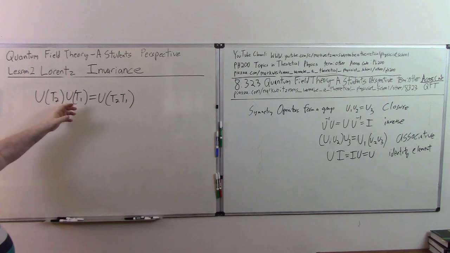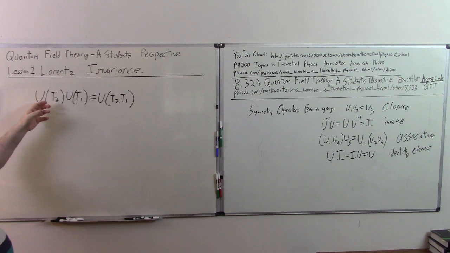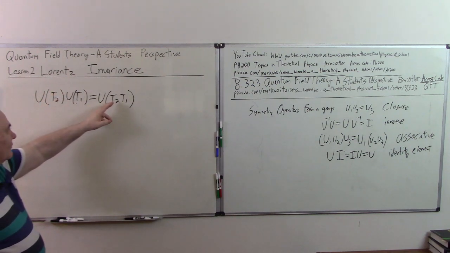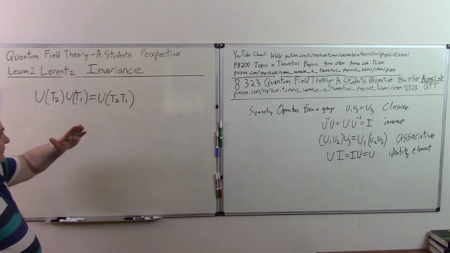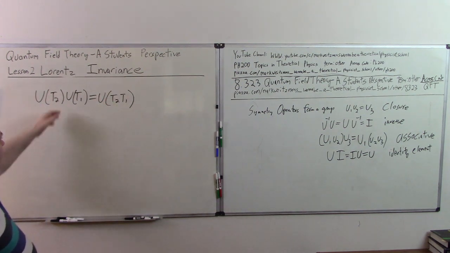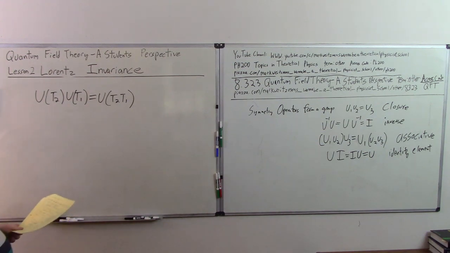Let's say T is a rotation operator. Get the unitary operator associated to it, and then we can multiply it by the operator associated with a different rotation, and the multiplication of those two will be the same operator that combines if we just did the rotation and rotation.